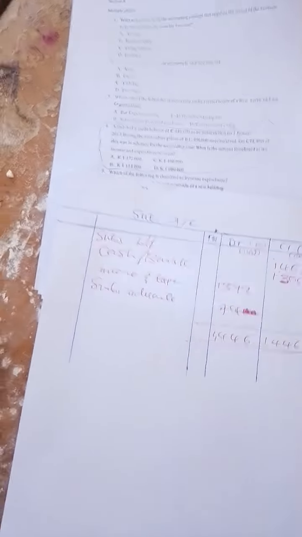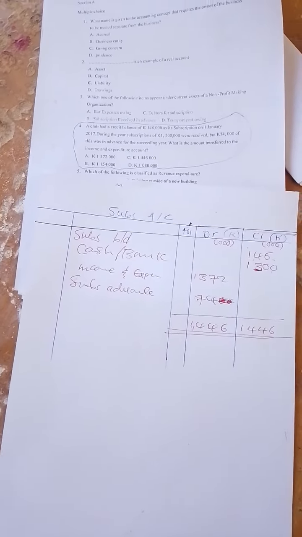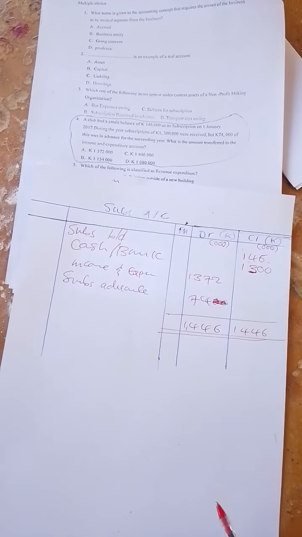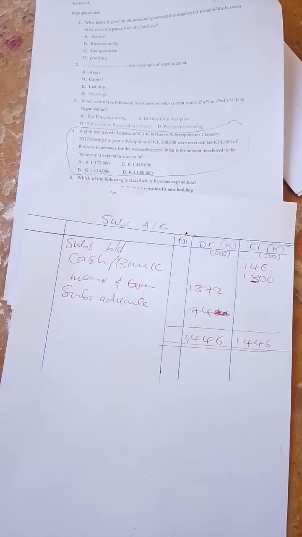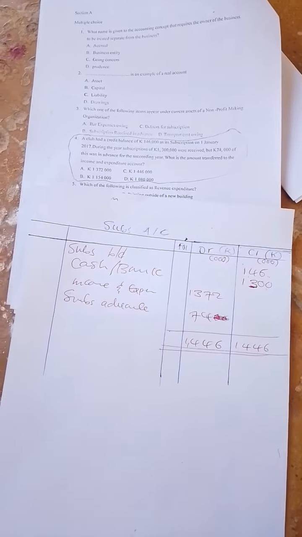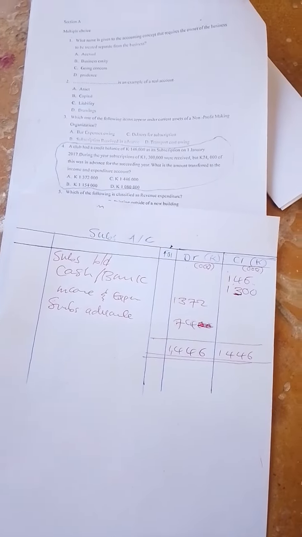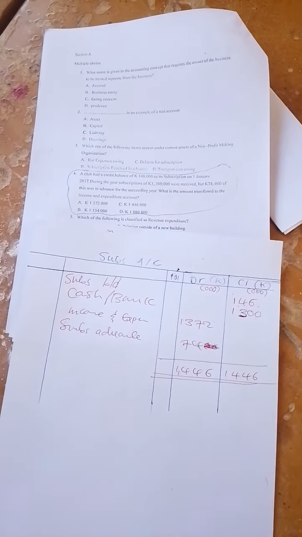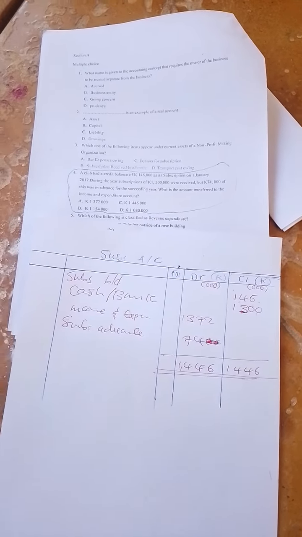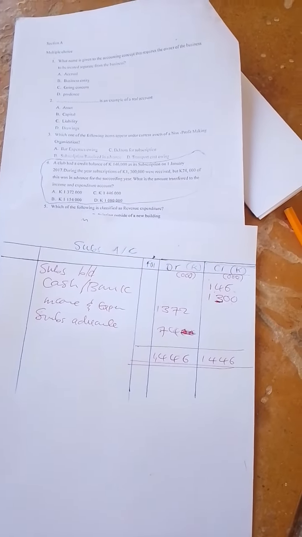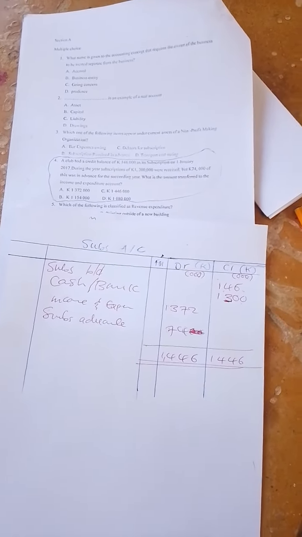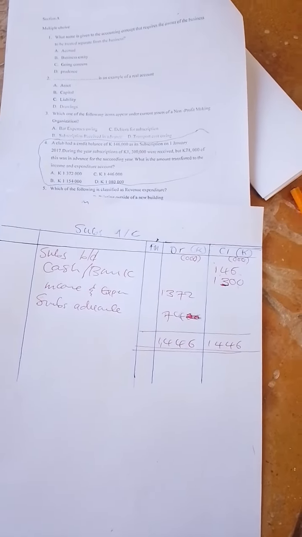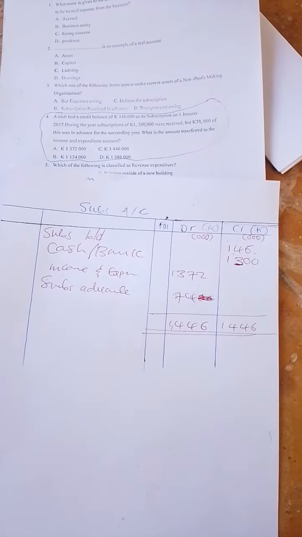Then the one that was paid in advance: remember, if it was paid in advance, it is a liability, because the business is holding onto people's money, which it has to pay back in case people wish to leave the club and demand the payment they had paid in advance, which is not our money.